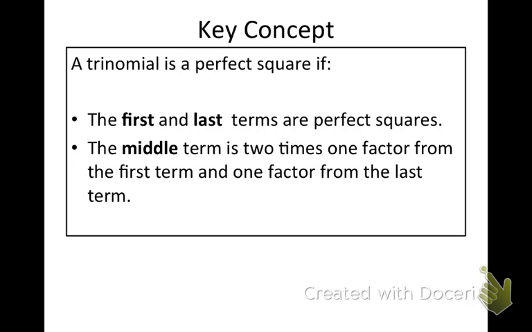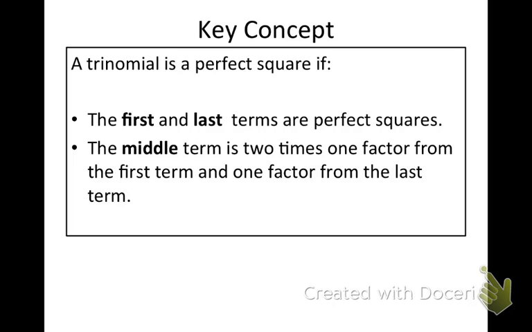Okay, so now let's quickly think about this. If my first term, let's say, is 4, the factors of 4 that I'm looking at are 2 times 2, because 2 times 2 is 4. So if I take just one of those factors, I'm focusing just on the 2. If my last term was 9, the factors of 9 would be 3 and 3 to make it a perfect square.